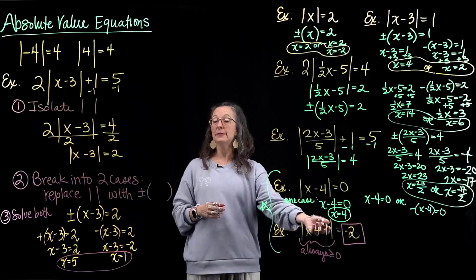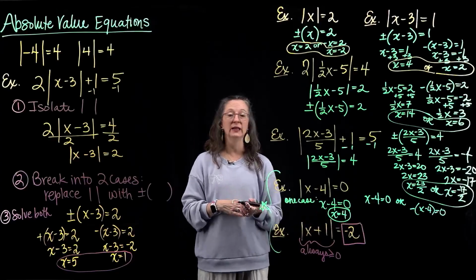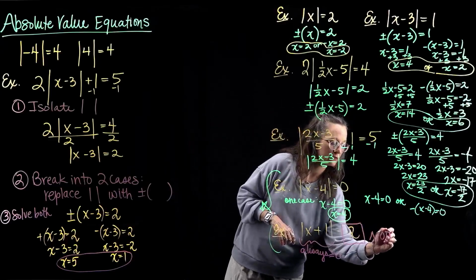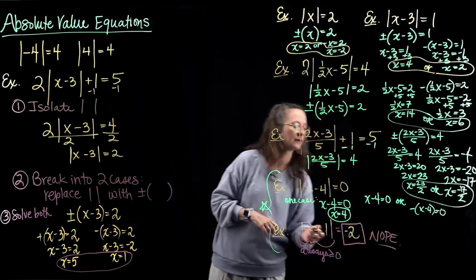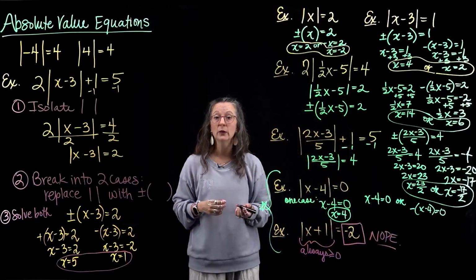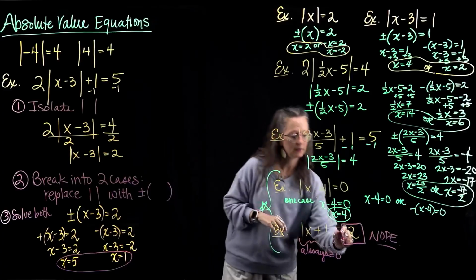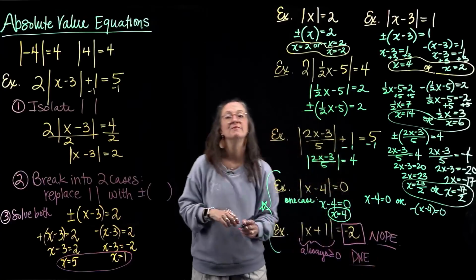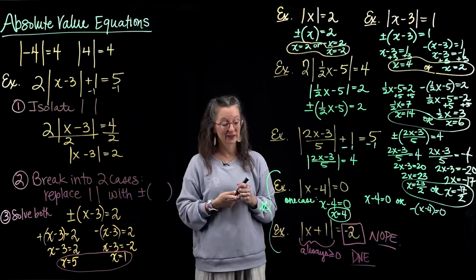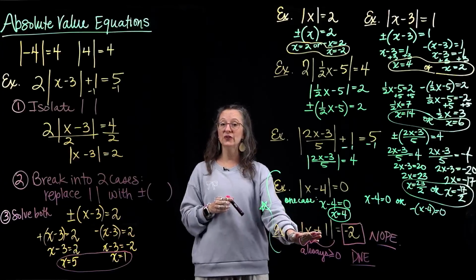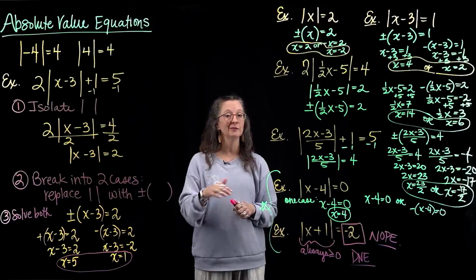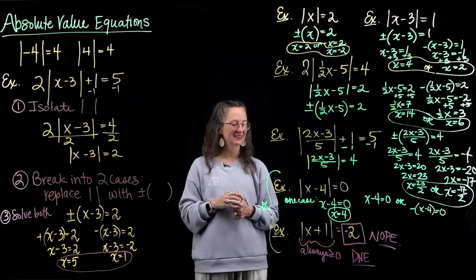So to have an absolute value equal to a negative number, that just can't happen. All right, so no way, nope. Now, the mathematical way we say nope is does not exist, or DNE for short. So be looking for this. Absolute value equal to a negative number, can't happen, does not exist.